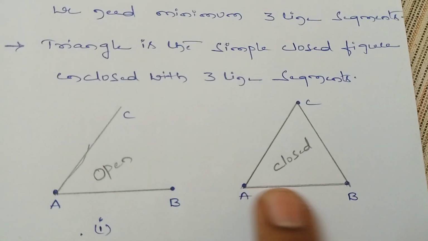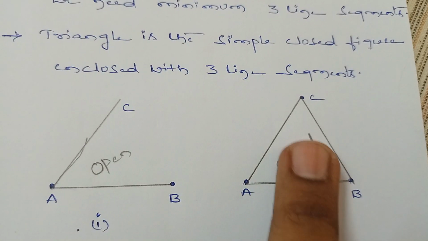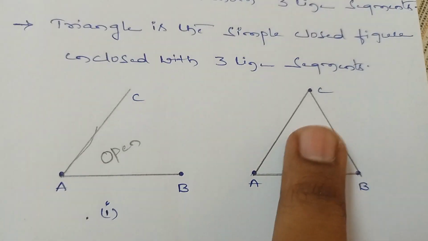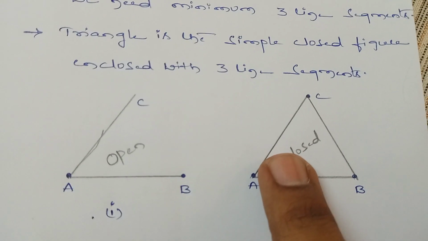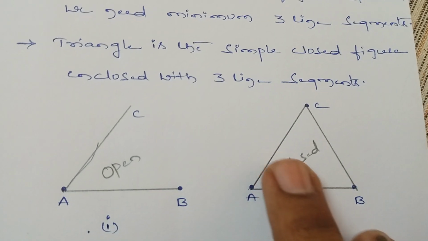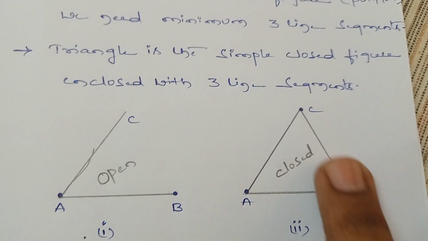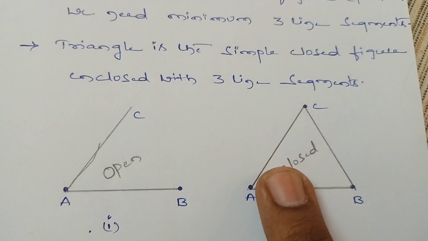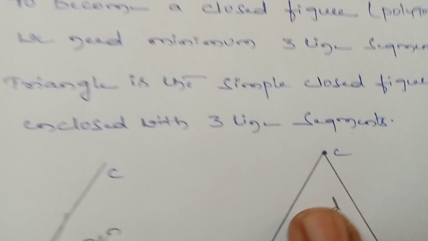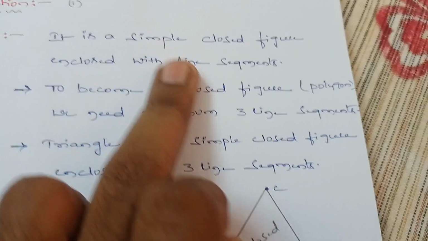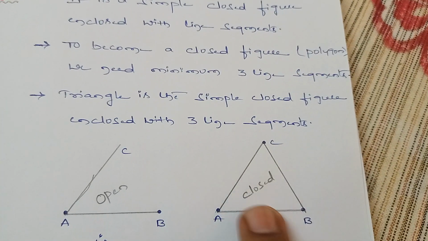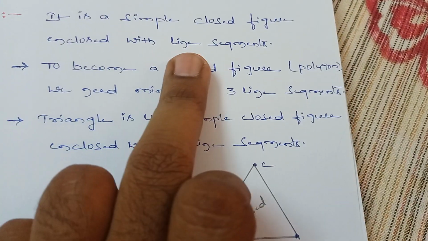Coming to this one, AB is a line segment, AC is a line segment, BC is a line segment. So it is a closed figure, right? This total closed figure is packed up or enclosed with line segments. In this figure, it satisfies 2 conditions: it is a simple closed figure, and it is enclosed with line segments.